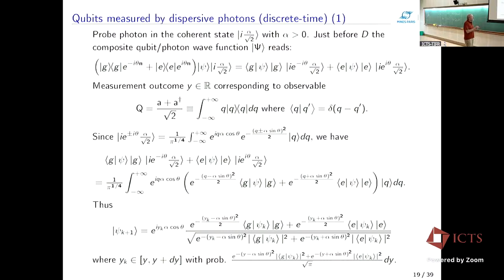Here, alpha sine theta is just the shift. And here you have a phase depending on Q. Then you will take this and only this component. When you measure Q, you project this on the eigenspace of the value Q. So what you obtain is this.